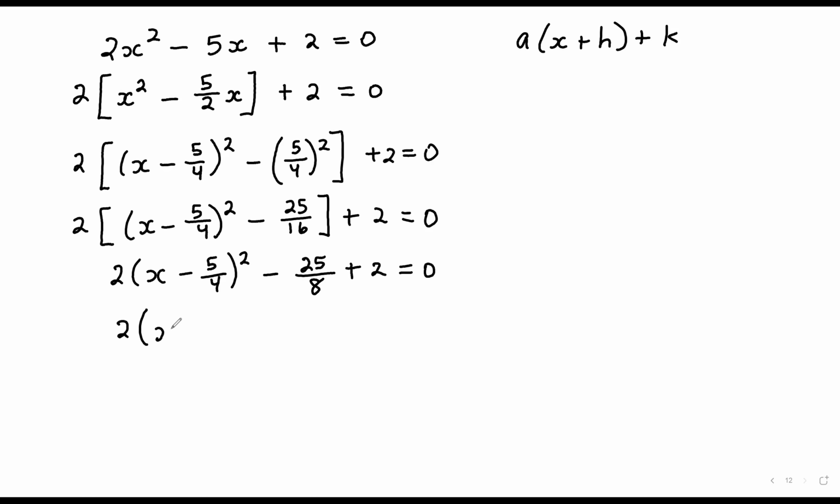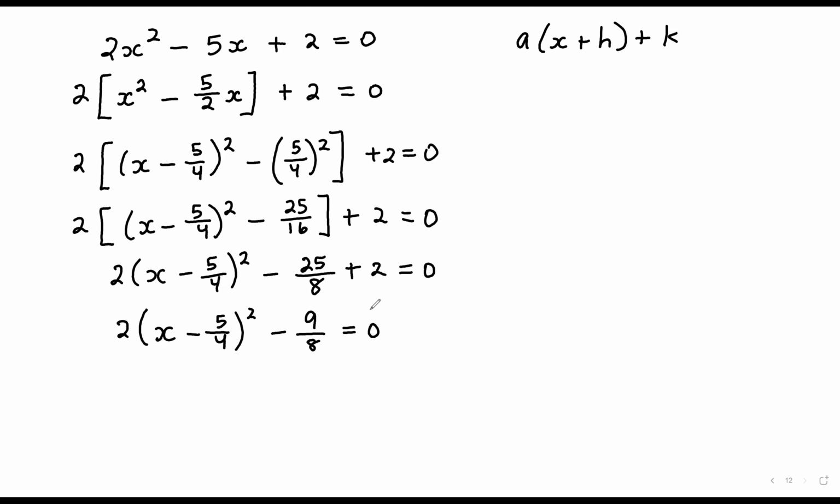So you get 2 by x minus 5 over 4 squared, minus 25 over 8 plus 2 would be minus 1 and 1/8, which is, what is that? 1 times 8 is, which is 9 over, so this will be minus 9 over 8 is equal to 0.